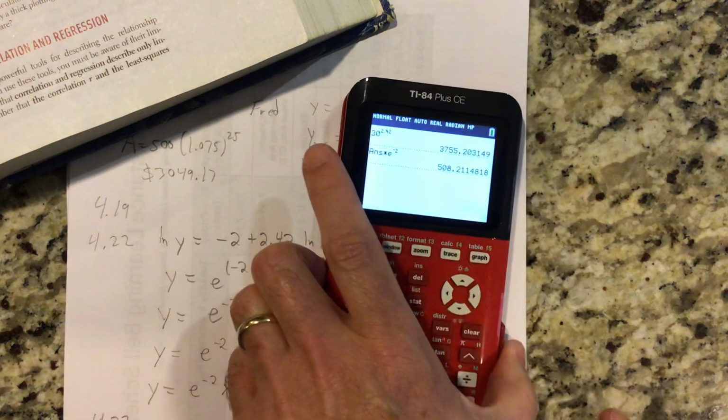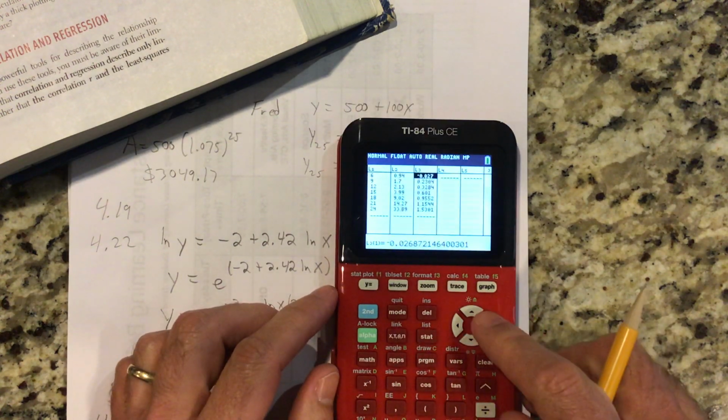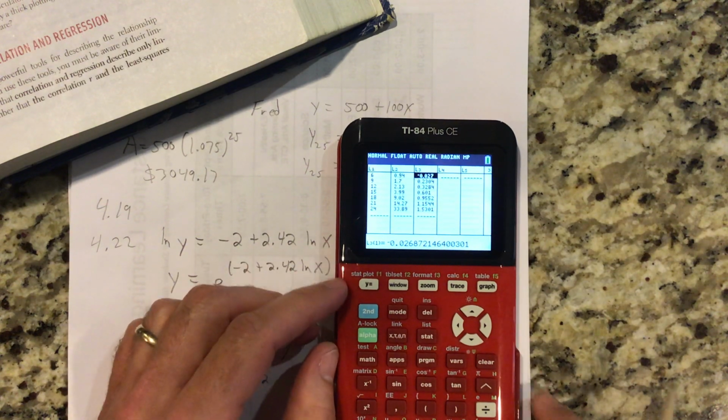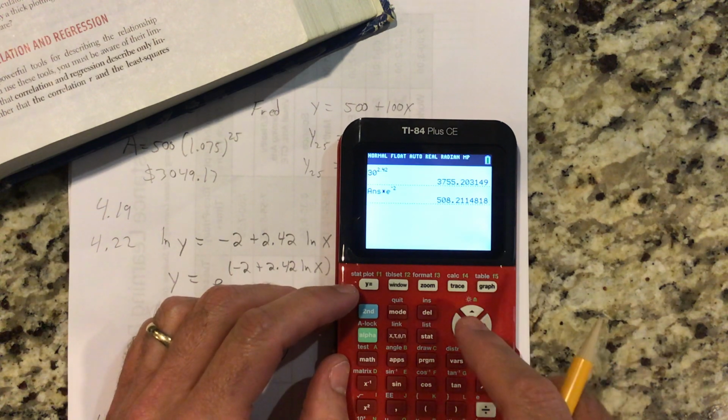Luckily, I still have that data in the calculator, I believe. Yep, so we still have it. So let's find the correlation using lists 1 and 3.